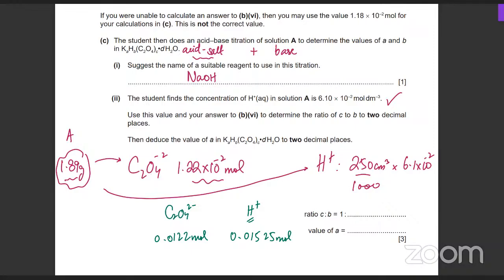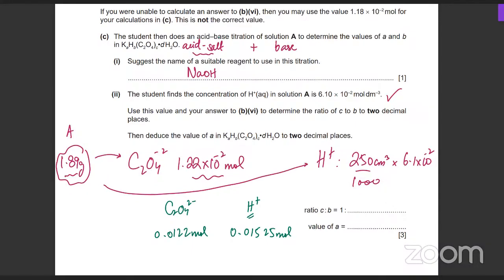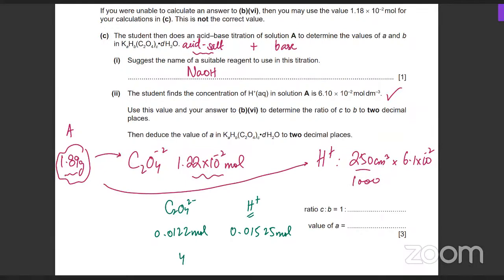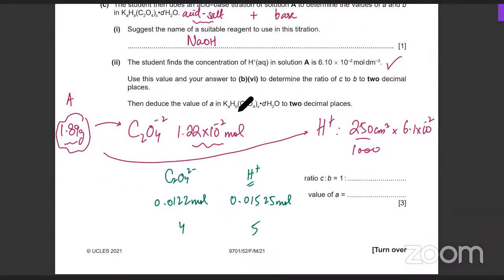Four is to five ratio. So we're getting 4:5. That means in the formula, the C2O4 and H ratio is 4:5, right? So that's the ratio.